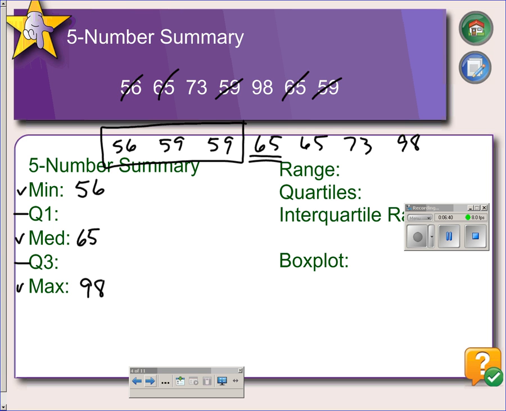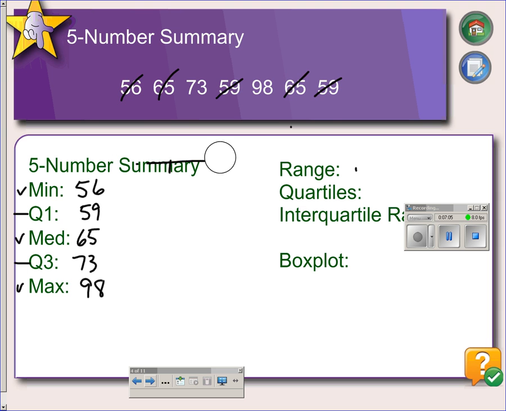So the middle of the lower set is 59. That makes that Q1. The middle of the upper set of data is 73, so that makes that Q3. So the first quartile is the middle of the bottom half, and the third quartile is the middle of the top half. So that's a 5-number summary.